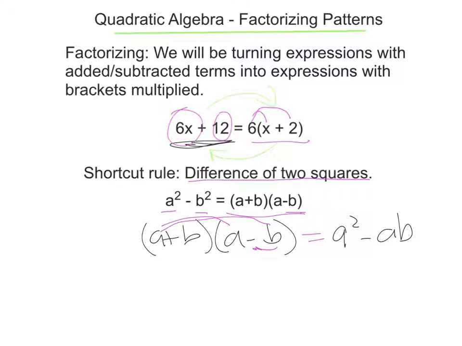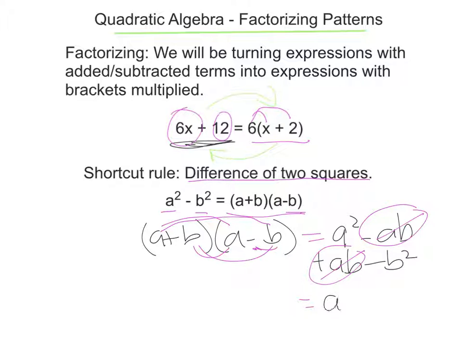Then I need to multiply b times a and b times minus b, and that will give me plus ab and minus b squared. Now you notice that there's a minus ab and a plus ab, which means that they add and subtract to make nothing. So the net result is a squared minus b squared.